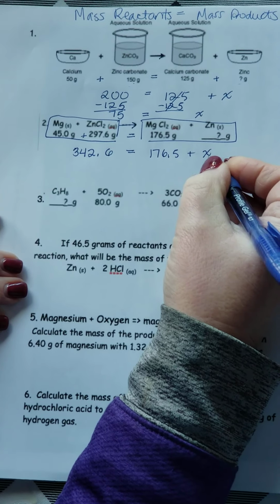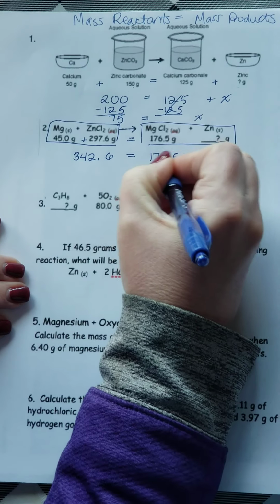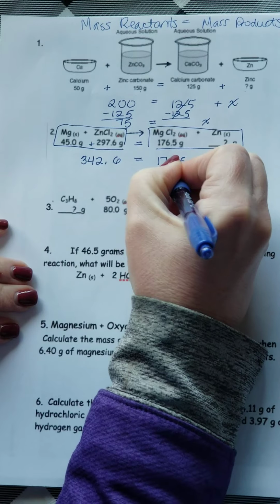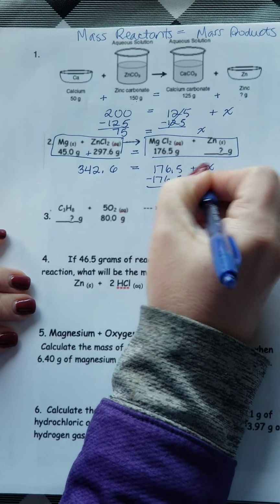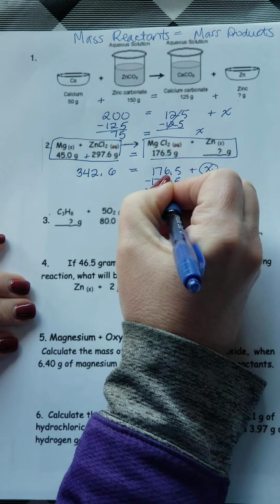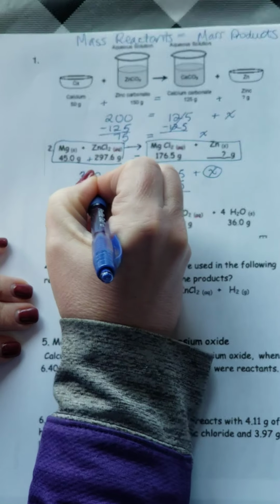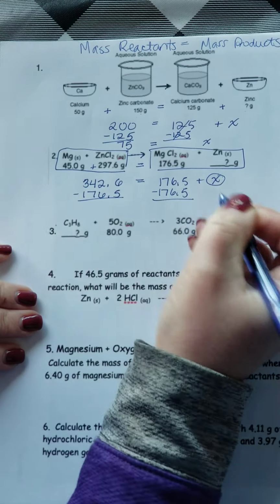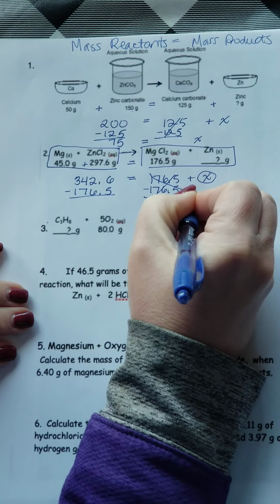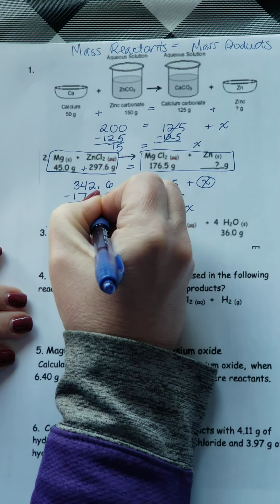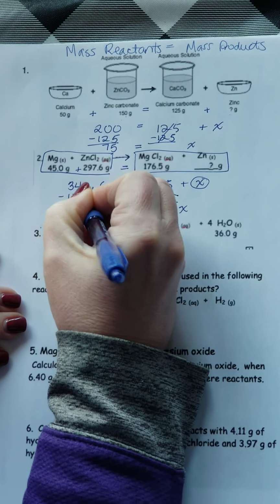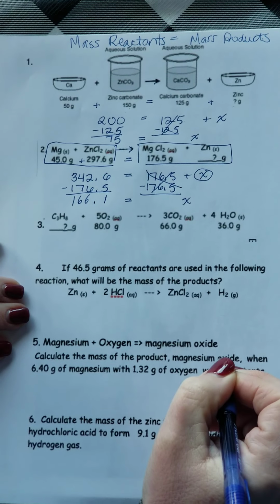To find out how much it's going to make, we subtract 176.5 from both sides to isolate our variable. Whatever I do to one side, I do to the other. Here it cancels. I end up with x equals 166.1.